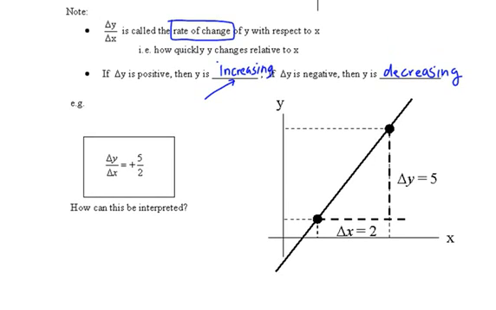So here's an example where my change of y with respect to x, or my delta y over delta x, is positive 5 over 2. So for every 5 we go up, we go to the right 2. Make sense? So how can this be interpreted?